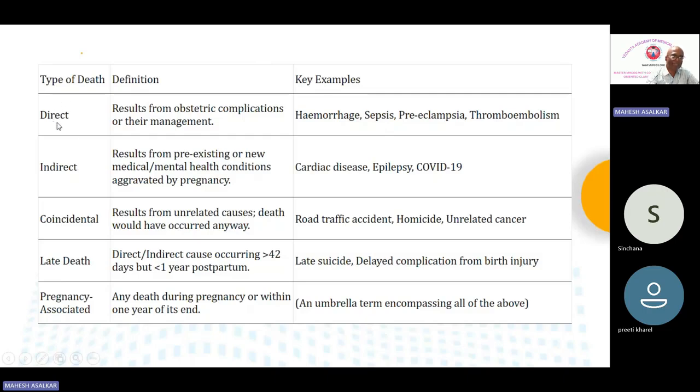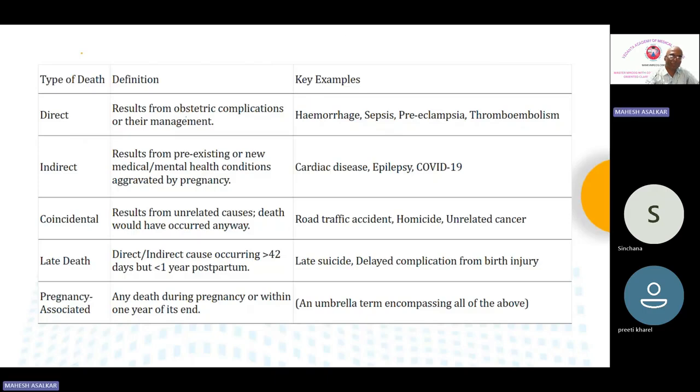So what is direct death? Direct death results from obstetric complications or their management. Examples are hemorrhage, sepsis, preeclampsia, and thromboembolism. So if any death is related to these, it is going to be direct. Then indirect death. Indirect death results from pre-existing or new medical or mental health conditions aggravated by the pregnancy.